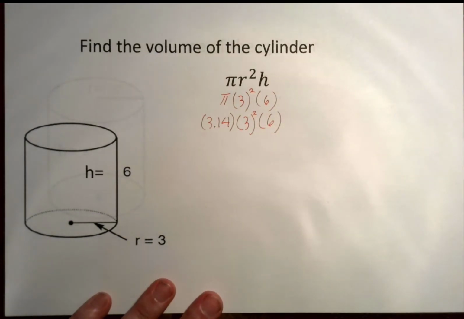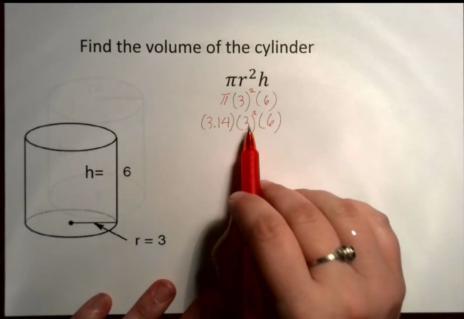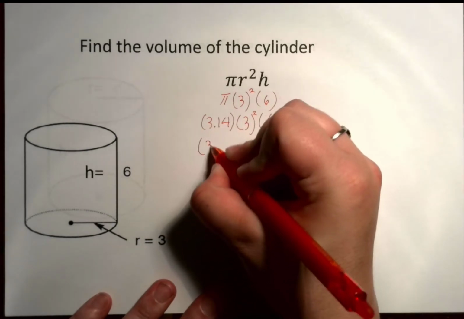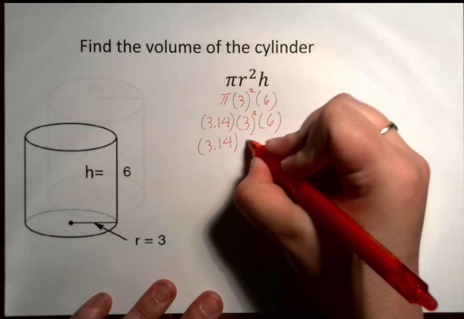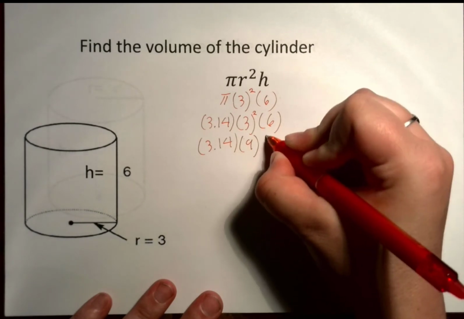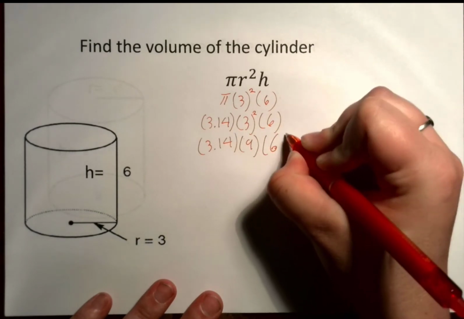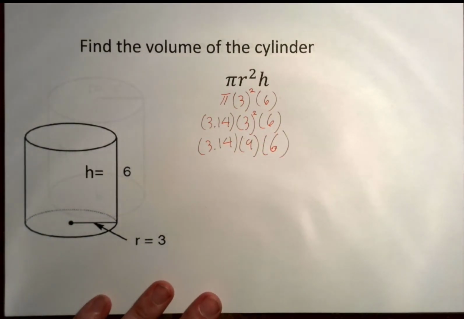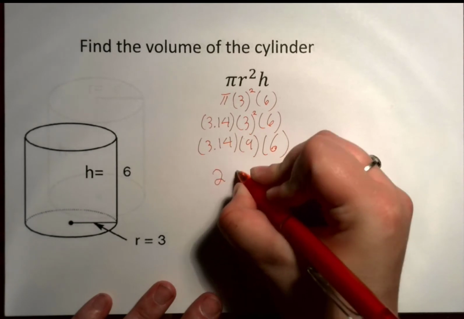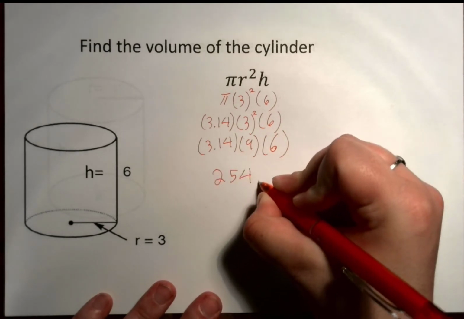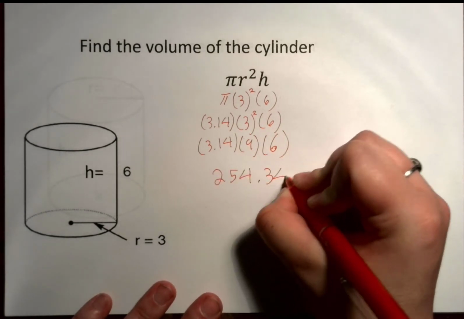All right, so first thing I'm going to do is my exponents. So 3 squared is 9. And then I can multiply those three together. So 3.14 times 9 times 6, which gives me 254.34.